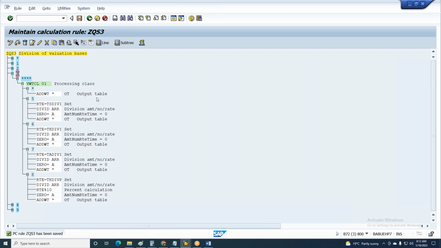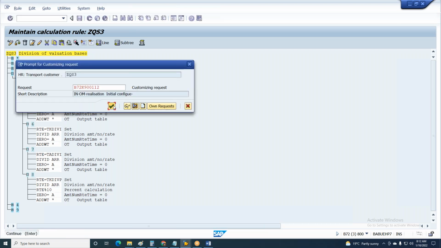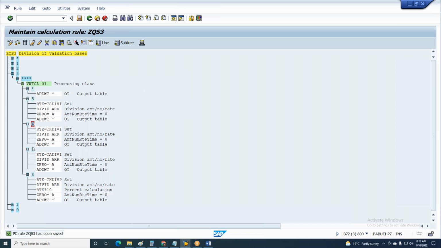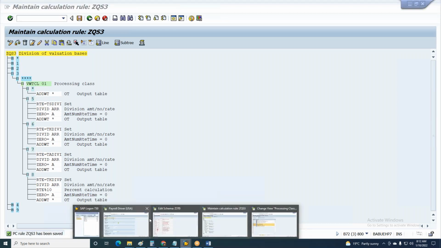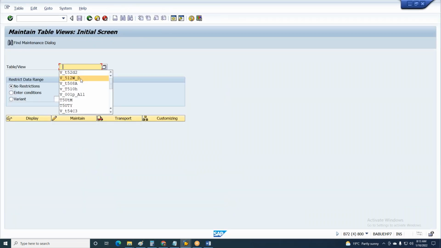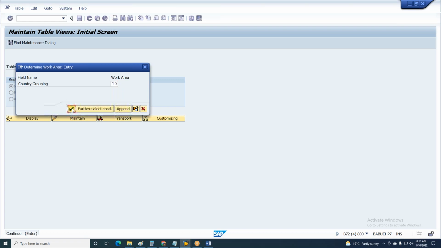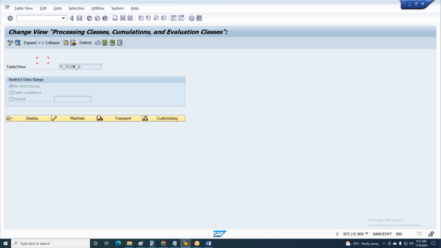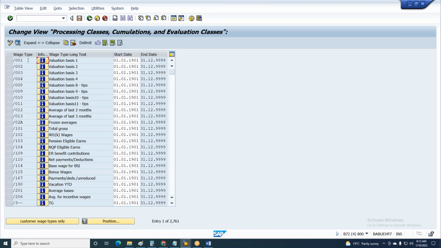Okay. So make sure you have 5, 6, 7 maintained to respective technical waste types. Any guys who are working in this server, do not change the specifications of technical waste types, processing classes, or accumulation classes.